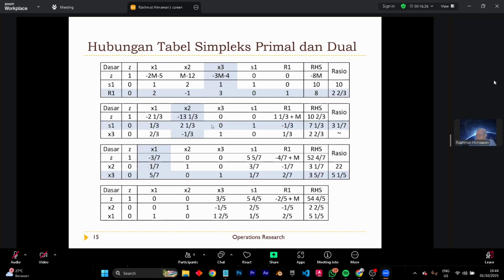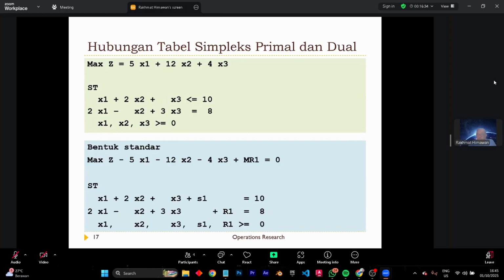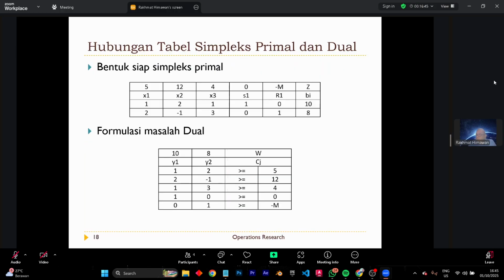This is for Z, for the primal. Say we want to know the dual now. This is a table just to help, but if we don't need it, it's fine.